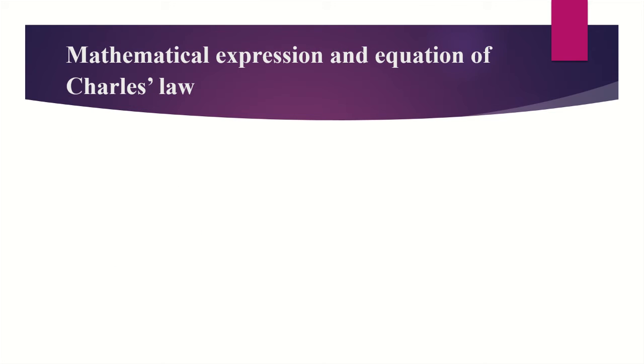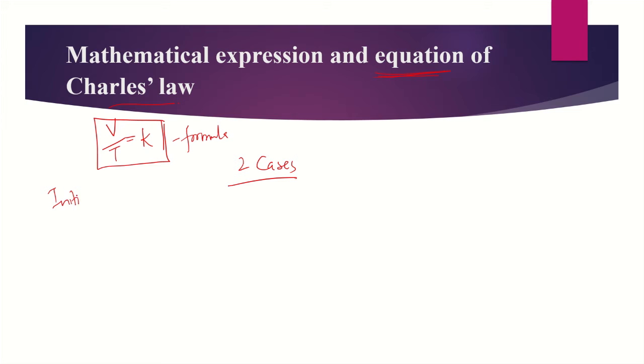Now let us try to derive the equation for Charles' law. Since we have already derived the formula, that is V divided by T is equal to constant K, this is our formula for Charles' law. Now to derive the equation for Charles' law, we have to imagine two cases, the initial case and then the final one.